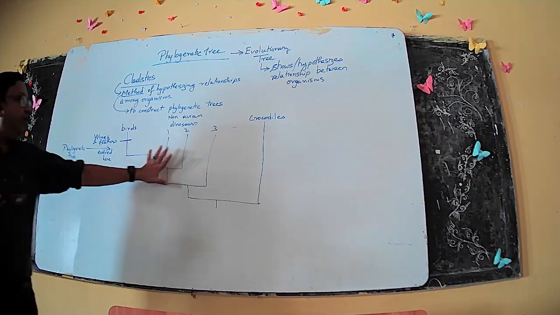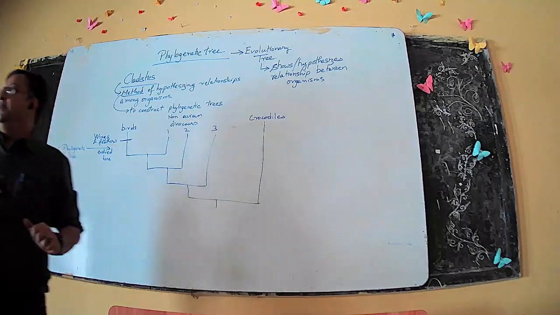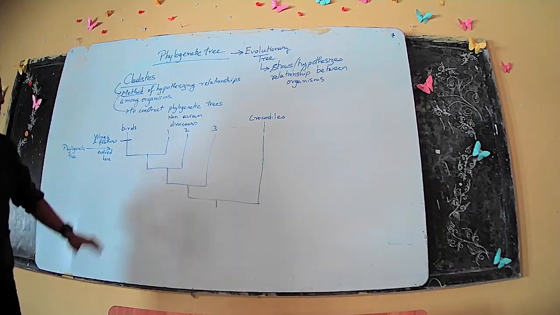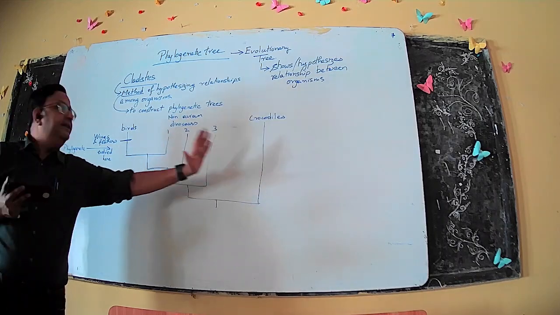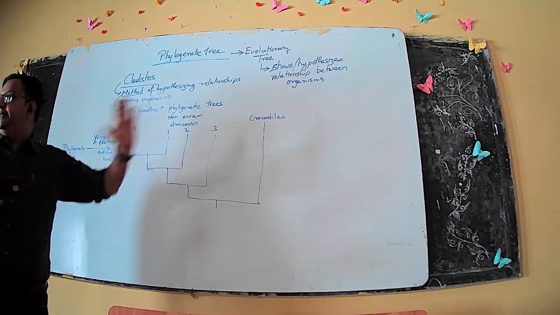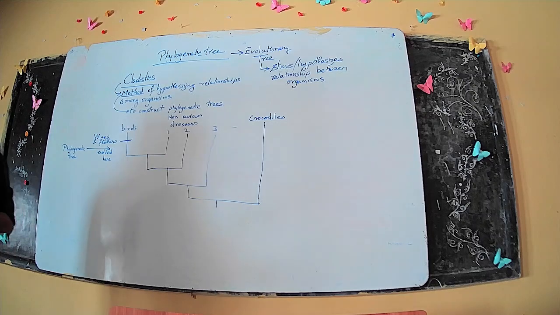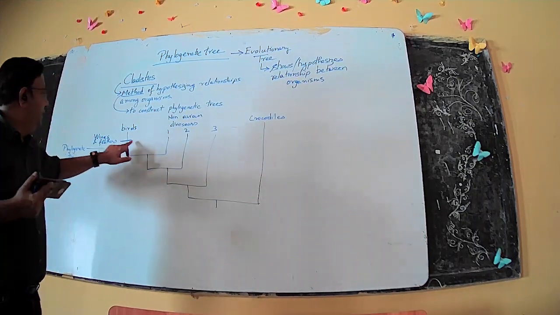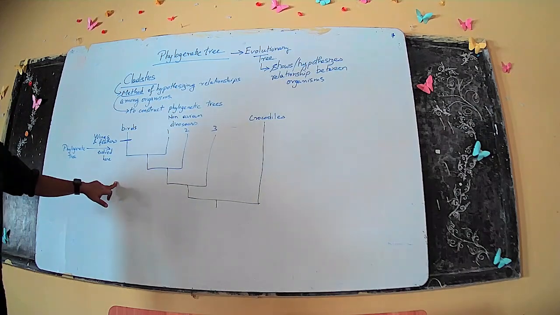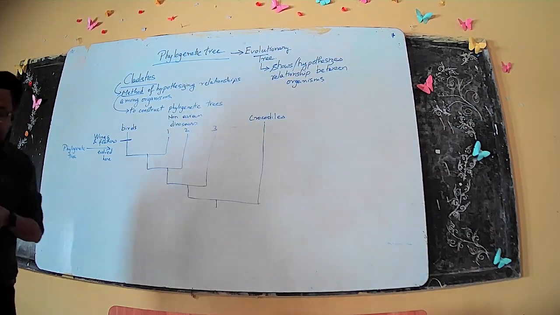Before all these, they did not have wings and feathers. So, from the whole of all these things, you can separate the birds. Other character similarities are there, but here the differences start. So, this is a phylogenetic tree.